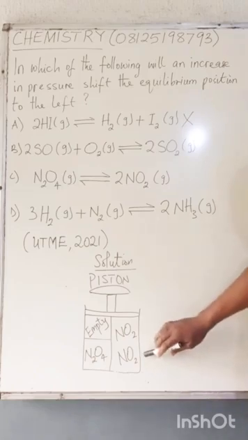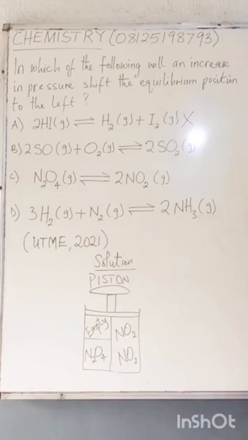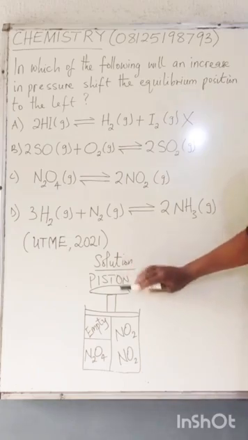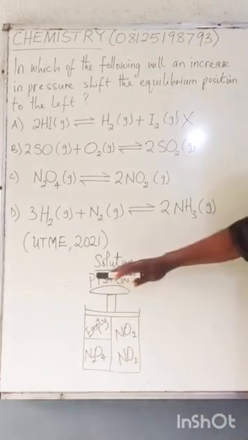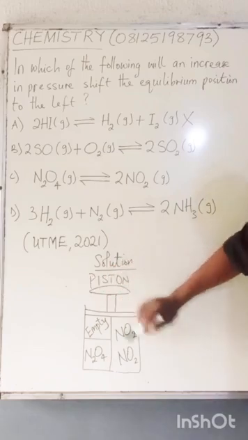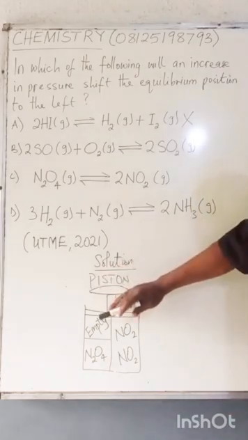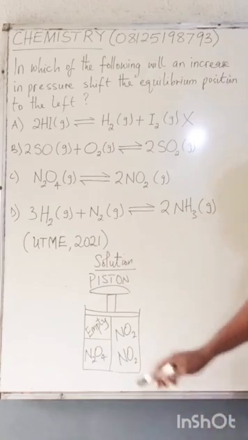Look at the diagram on the board. This diagram is used to help us understand how a change in pressure will affect the position of equilibrium. If you have a piston here and you have a container like a beaker and you are trying to push down, you are trying to reduce the volume of the species in this container.